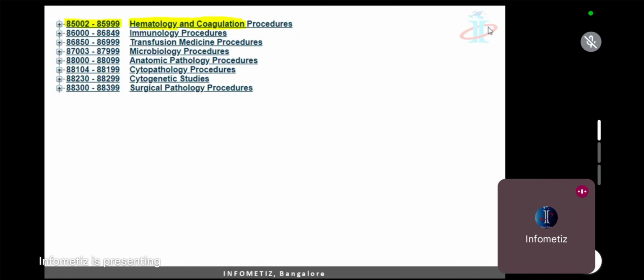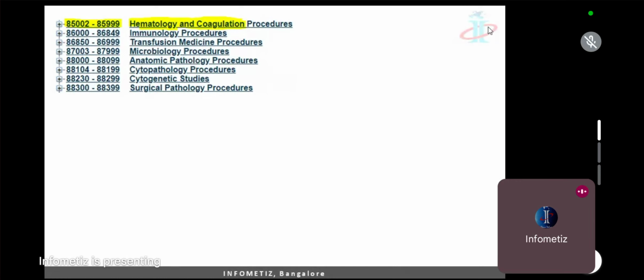WBC, white blood cells. 85007, blood count, blood smear microscopic examination with manual differential WBC. 85008, blood smear microscopic examination without manual differential WBC count. 7 is with manual differential WBC count. 8 is without manual differential WBC count.